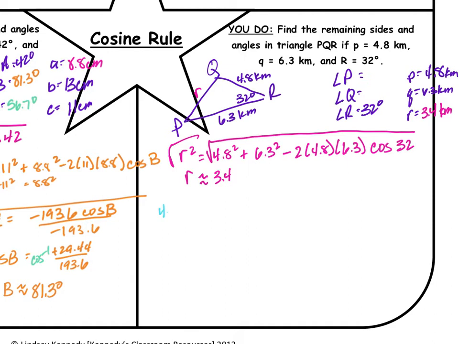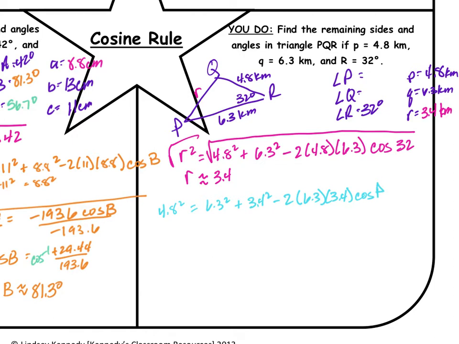So I have 4.8 squared, and that's going to equal my other 2 sides, 6.3 squared plus 3.4 squared minus 2 times 6.3 times 3.4 times the cosine of the angle I'm looking for, which is angle P.